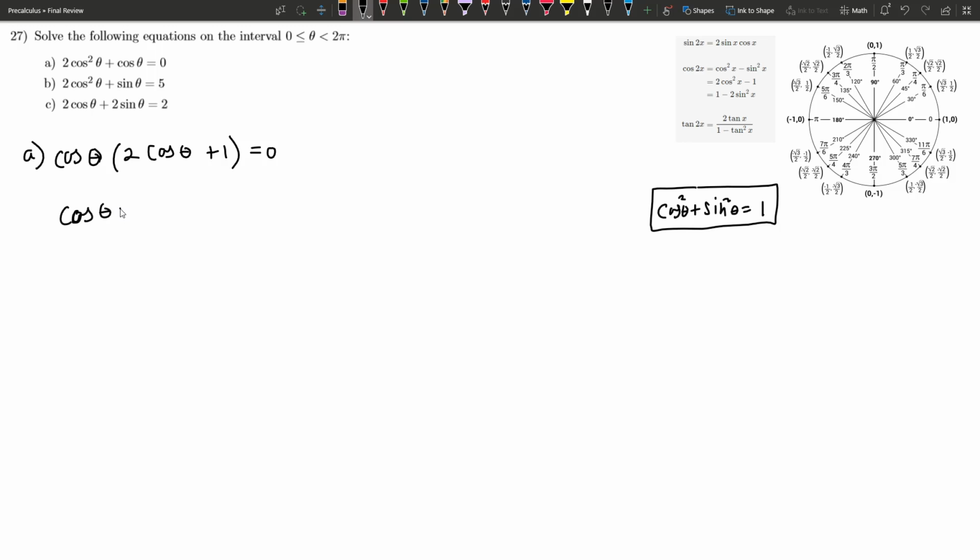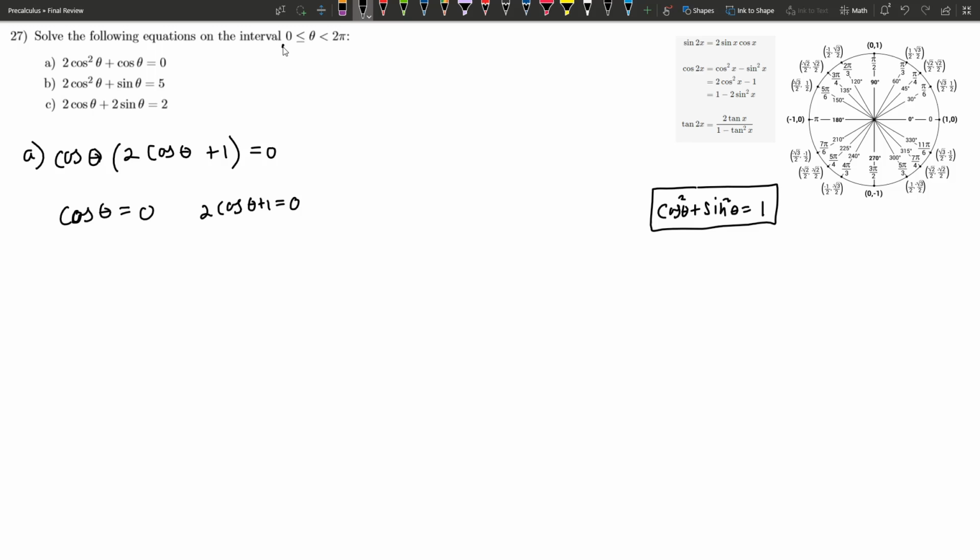So we could say cosine of theta is equal to 0. And we could also say 2 cosine of theta plus 1 is equal to 0 as well. Now, what angle is cosine of theta equal to 0 for? Well, that's where this handy unit circle comes into play.